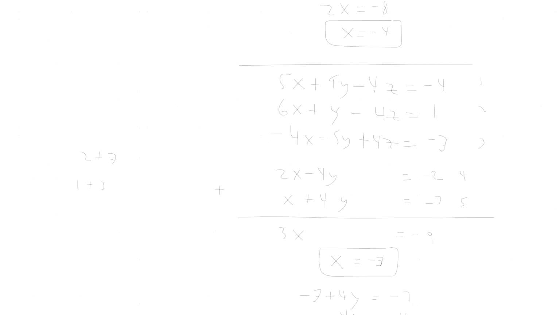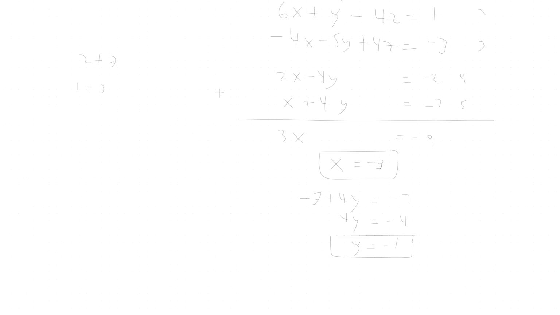So say 3, for example. Negative 4 times negative 3 is 12. Minus 5 times negative 1 is positive 5. Plus 4z equals negative 3. 12 plus 5 we know is 17. 17 plus 4z equals negative 3.